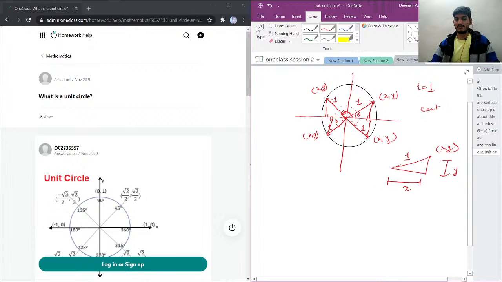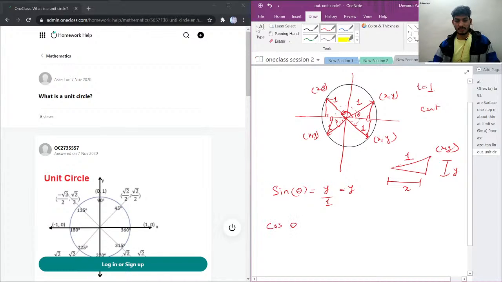So we can find the trigonometric ratio of any angle, and as the hypotenuse is 1, my sine of, let's say, theta is going to be y over 1, which will be y.